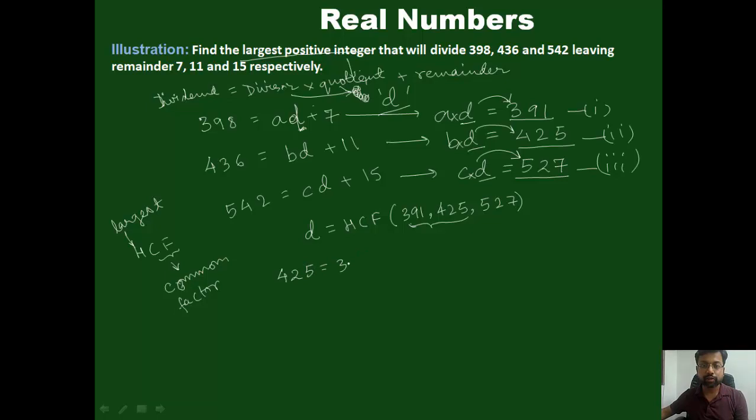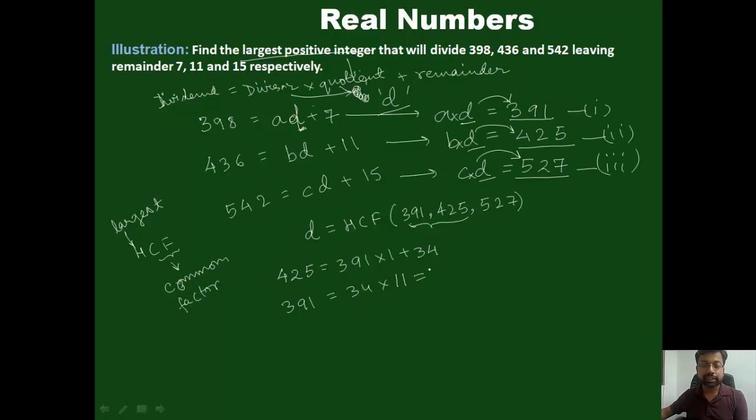So you have 425 is equal to 391 into 1 plus how much? You have 9 here and 25 there, so you have 34 here. The remainder is not 0. So we go to the next step where 391 is equal to 34 into 11.